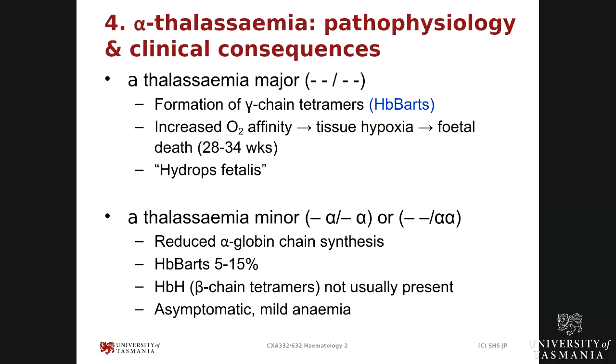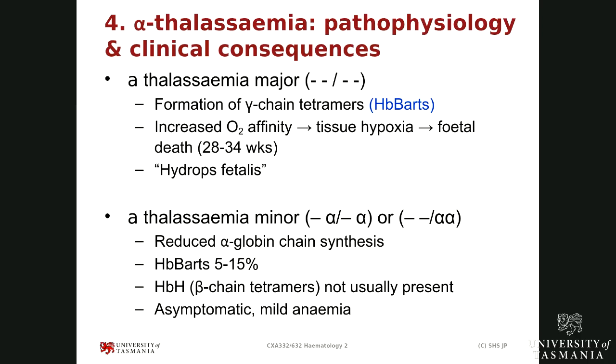So these next couple of slides are just looking at the pathophysiology and clinical consequences of each of the alpha thalassemia conditions. So we've got alpha thalassemia major, and as I said, usually the fetus does not survive, because it only has gamma chains that can form together to form the tetramers.